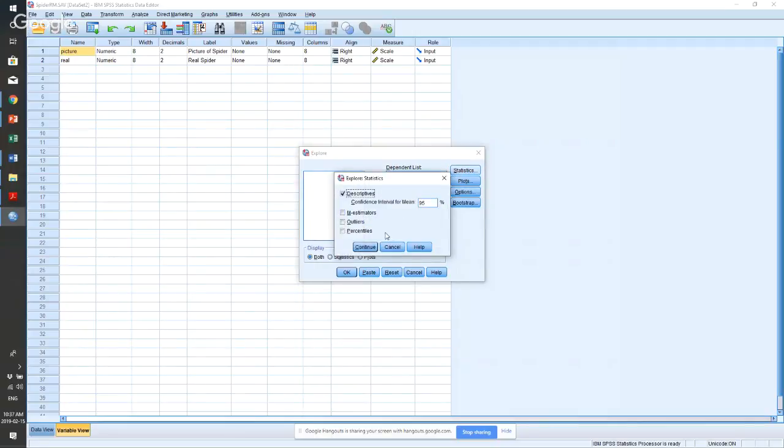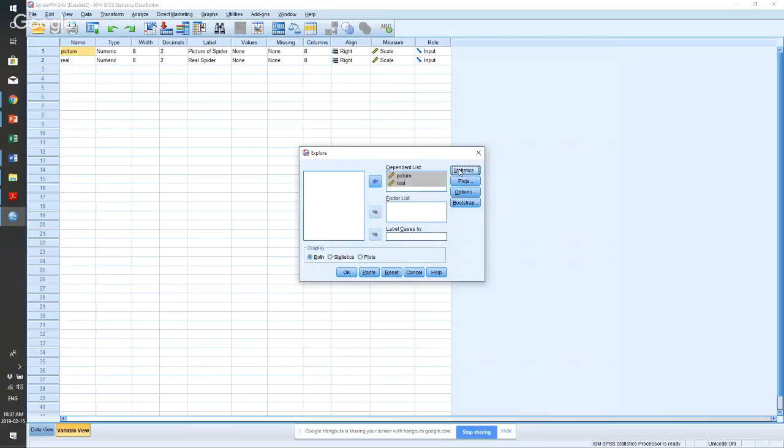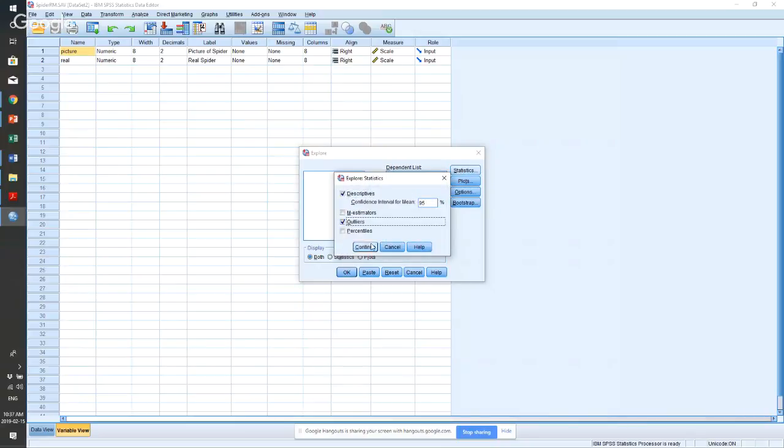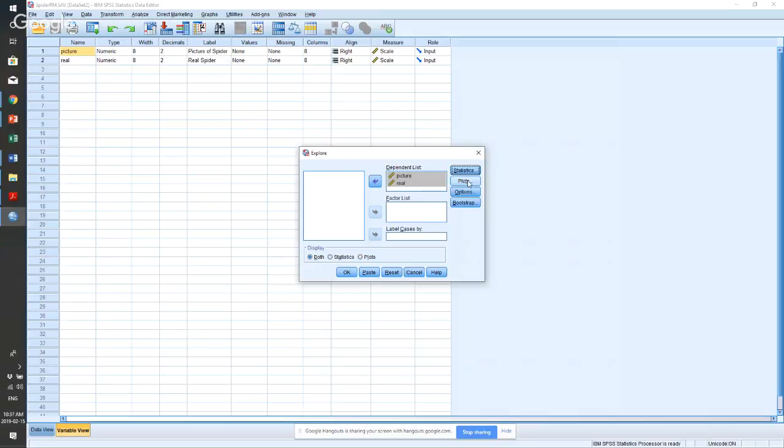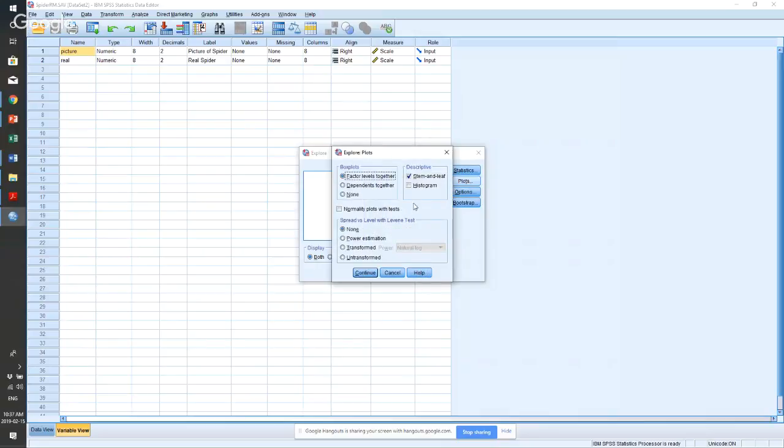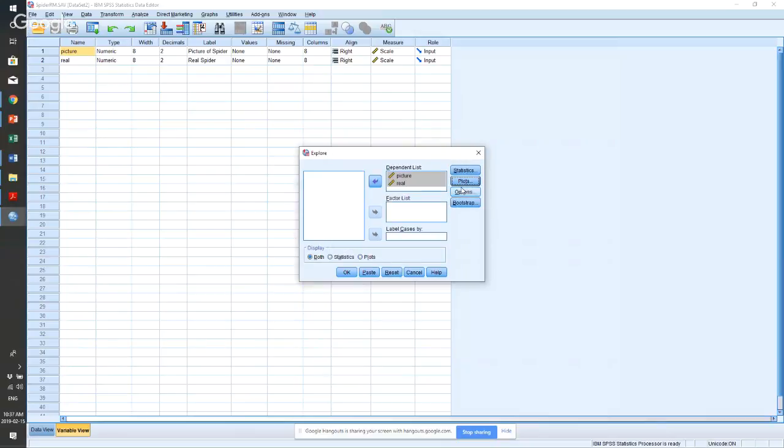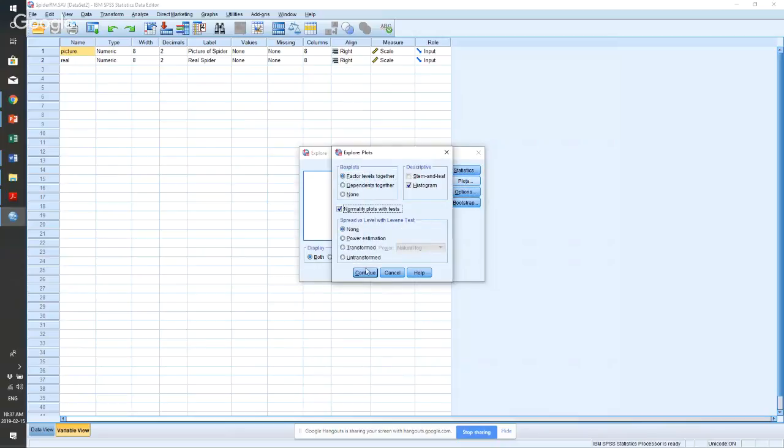I forgot, I want outliers. We might want a histogram instead of a stem and leaf. And that's it. And I forgot to click on normality plots.